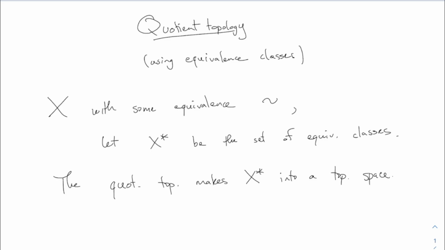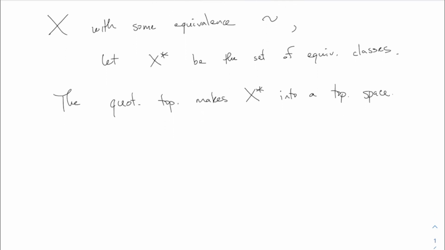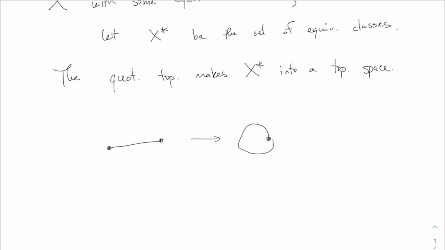All right. And the standard example that you should have in mind is the interval becoming a circle. So this is a quotient. You can think of this like a function which wraps the line around the circle, or you can think of it like an equivalence relation where we consider all of these points to be just themselves, but we consider the two endpoints here to be the same point.